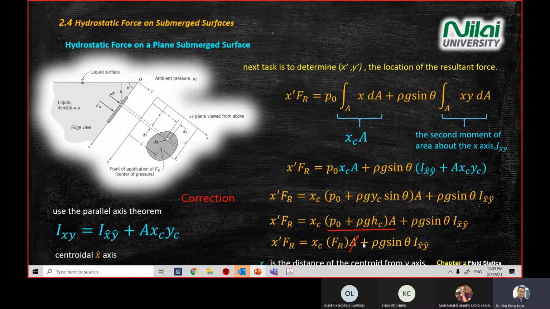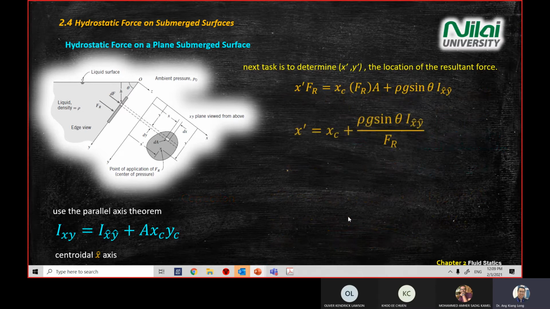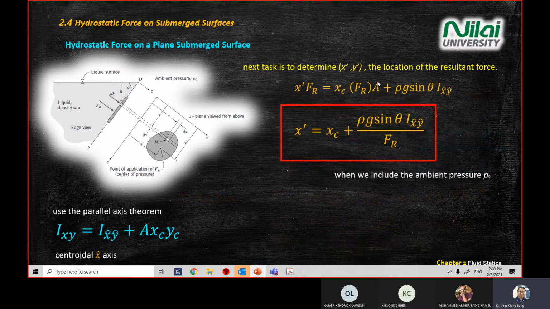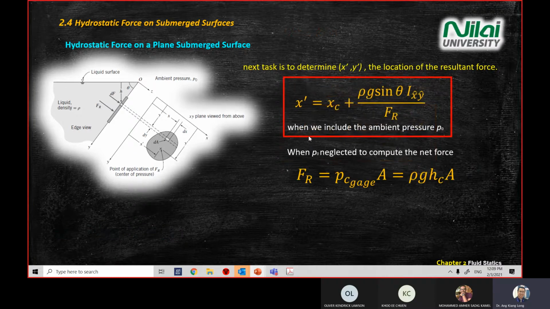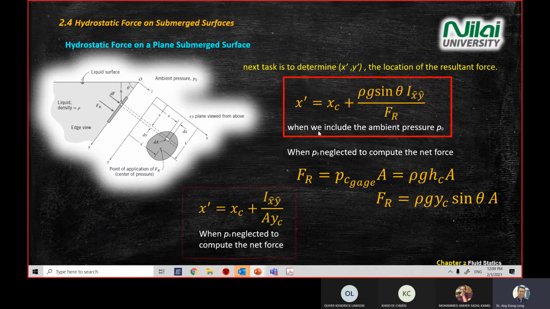There's a typo error when we derive the equation. And here also, just a reminder, there's no A here. For x bar and x prime, here also we have two scenarios. One, when we consider the ambient pressure, P0, and one equation when we ignore the ambient pressure.